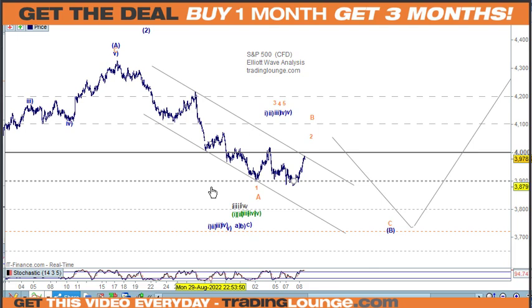You can count it down in WXYs, in ABCs. You can count it down as an impulse wave. So it does make it a little bit tricky, whichever way you look at it. So I think it's good to say that up front, and then come up with a strategy that's going to keep you safe.